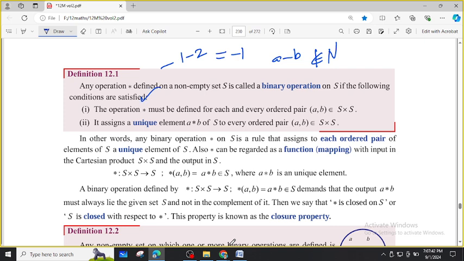Now what is the definition for binary operation? Star means any operation: addition, subtraction, multiplication, anything. Generally we name it star.